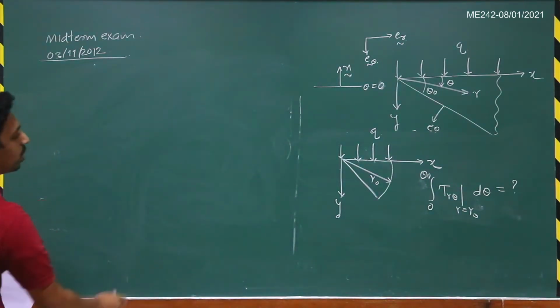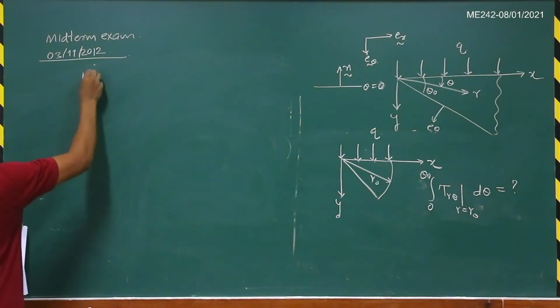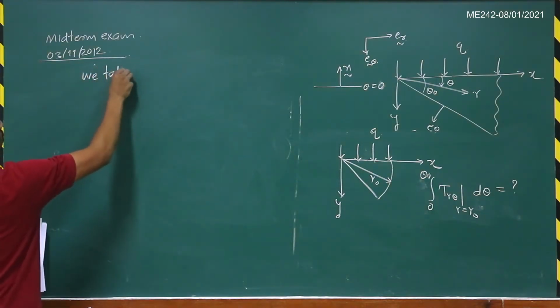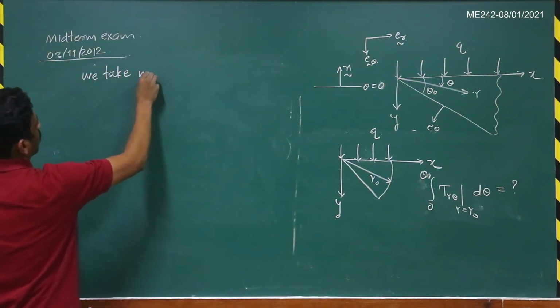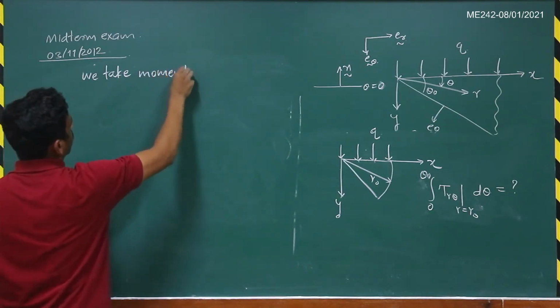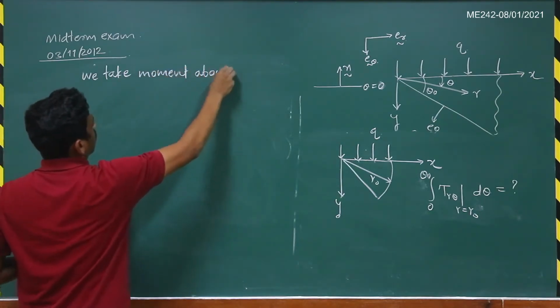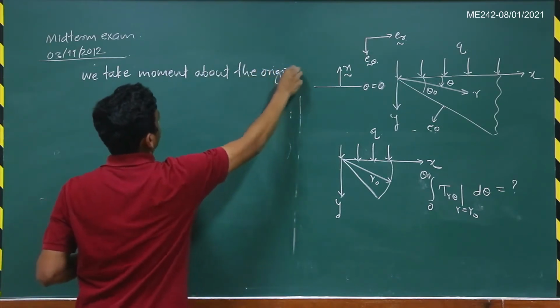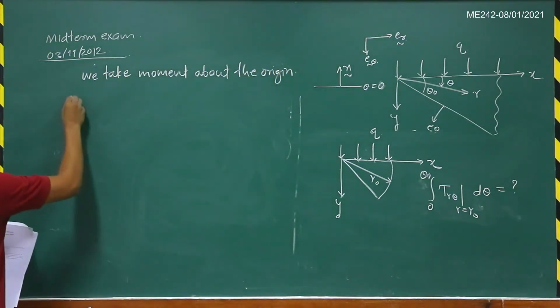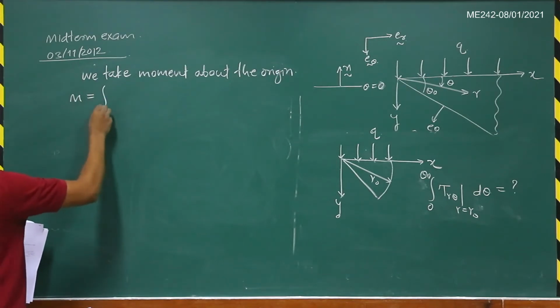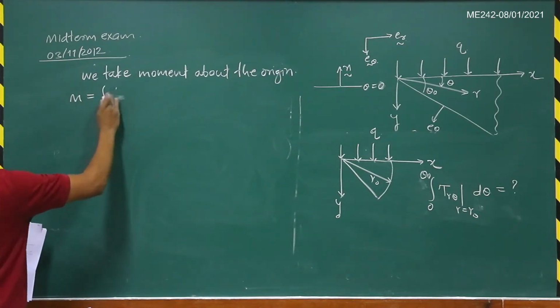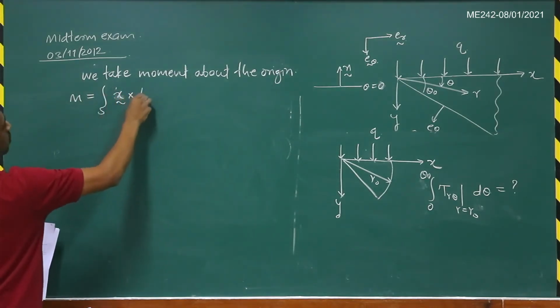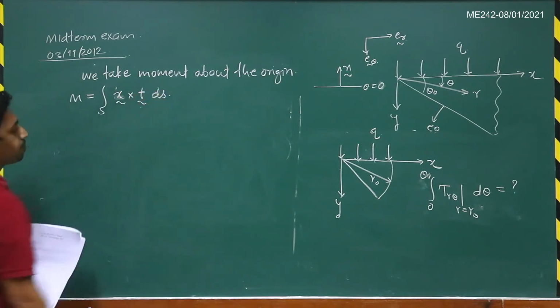So what we do here, we take moment about the origin. Now we know the moment obtained is integration over surface x cross t ds.